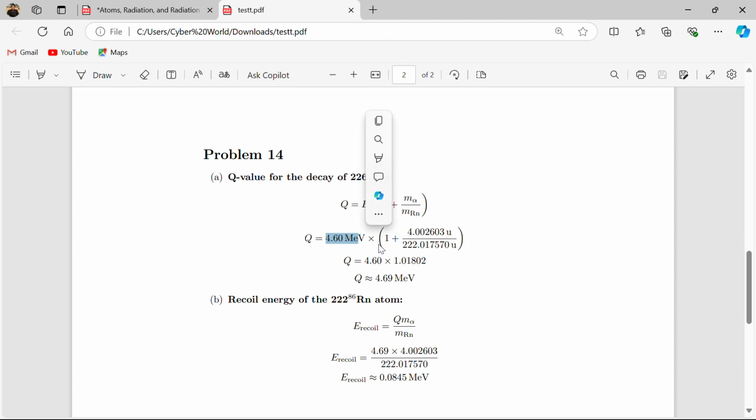After putting in all the values, the M alpha value and the mass of radon are 4.0026 and 222.0175 in AMU. After calculating, you will get your final result of 4.69 mega electron volts. So this is how you can find the Q value.